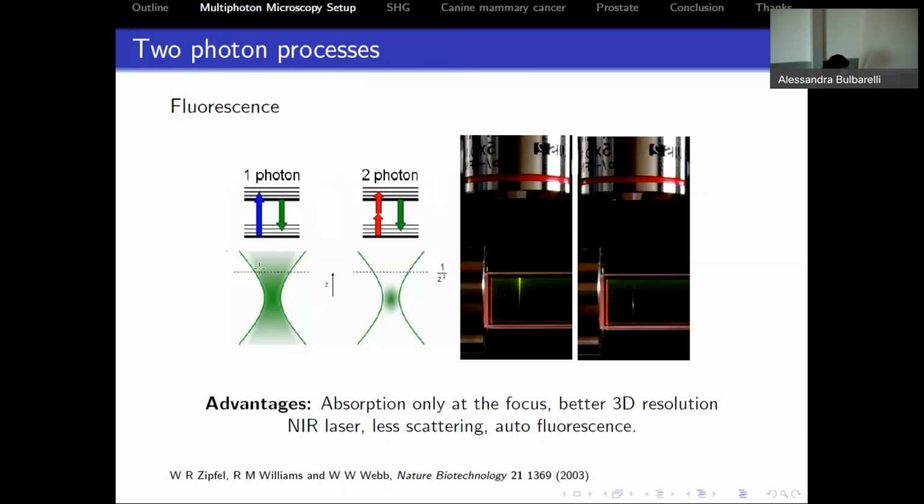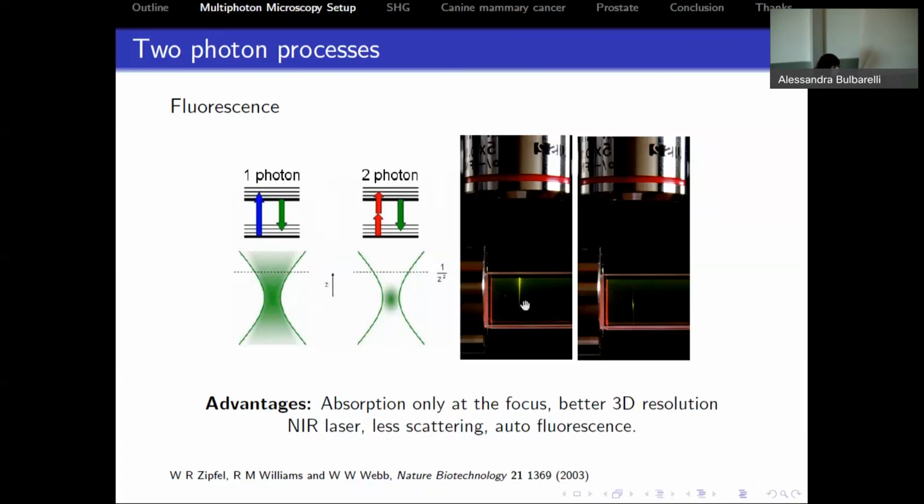But that's a process that happens all the way through the path of the laser. When we focus a laser in a material, what we have is something like that. It's a very small area where you concentrate the laser intensity. And for linear processes, the sample can absorb all along the path through the focus.